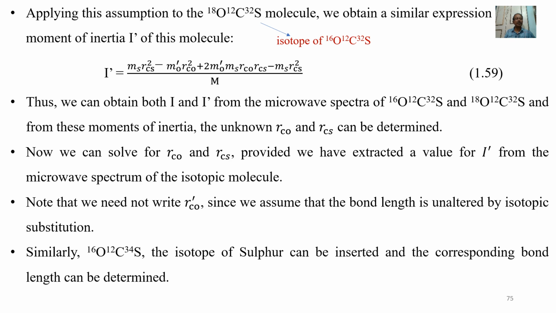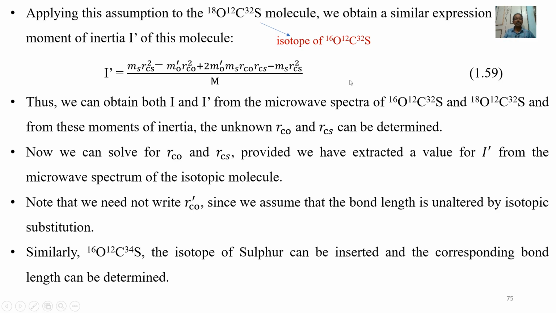Thus we can obtain both I and I dash from the microwave spectra of the ordinary molecule and the isotope molecule. From these moments of inertia, the unknowns r_CO and r_CS can be determined. So I and I dash can be taken from the spectrum, whereas r_CO and r_CS can be written in terms of two equations.